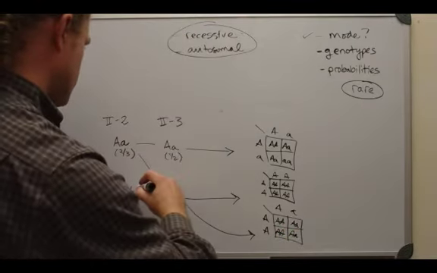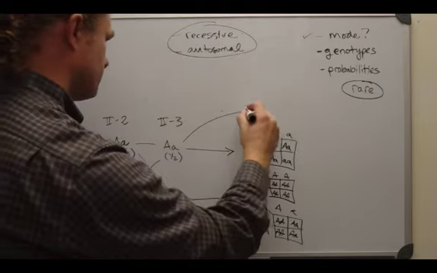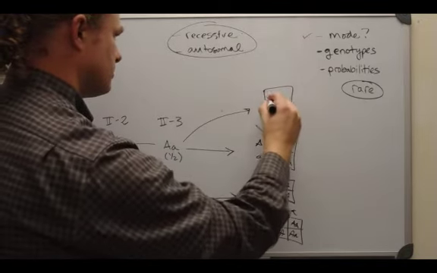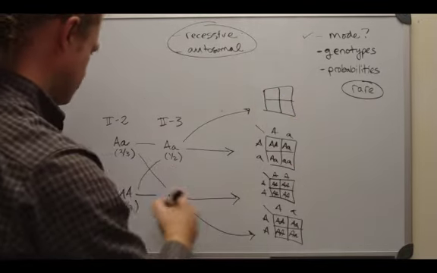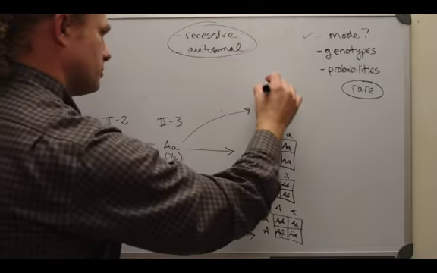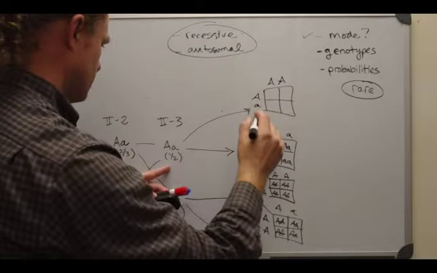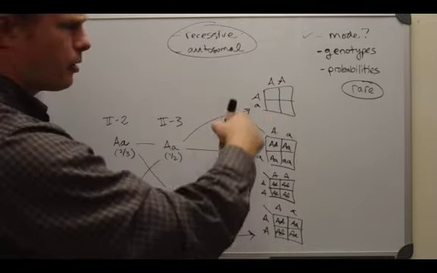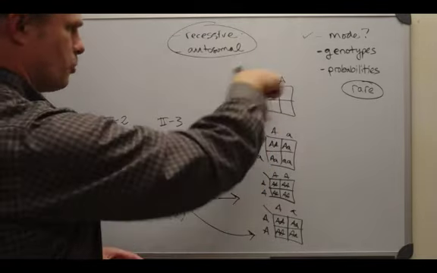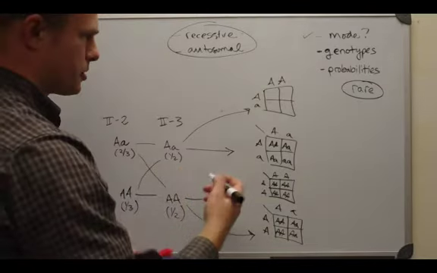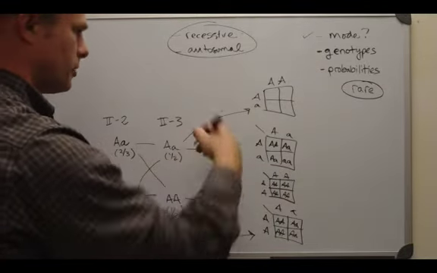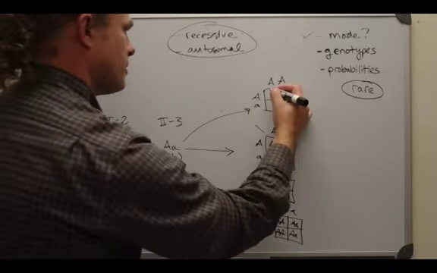Okay, and then the last option is this one up here. So we'll put big A up there, big A, little a there. It doesn't really matter which parent you put in which side of the Punnett square, as long as you make sure that you're not mistakenly putting the same person down twice.